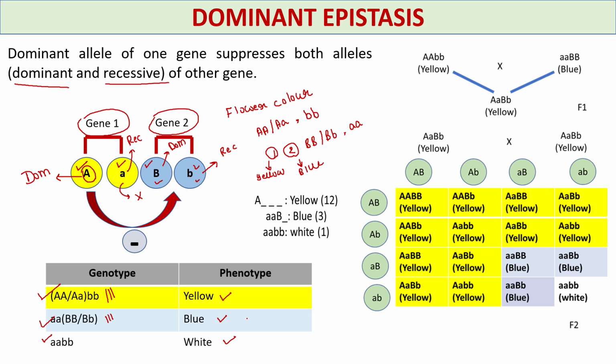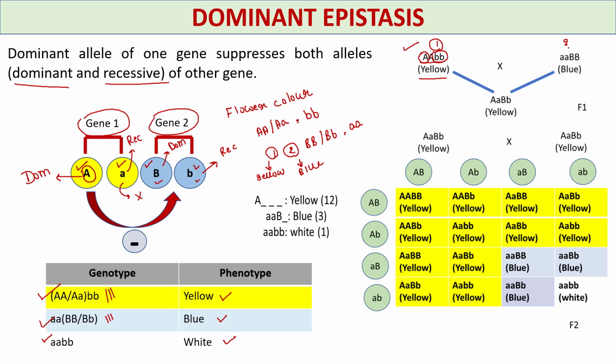Now what happens if both genes are expressed? So we'll check this cross. In the following cross, parent 1 has genotype capital A capital A, small b small b. The flower is yellow because it contains allele capital A, which is suppressing allele small b.